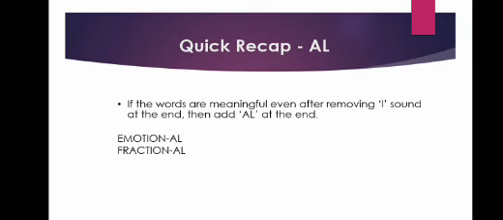Finally, we have the words ending with AL. The rule is simple. Just remove the L sound from the word at the end and check if the word still has a meaning. Then just go ahead and add AL. Like the word emotional, even if you remove AL, it still says emotion, which is a meaningful word.